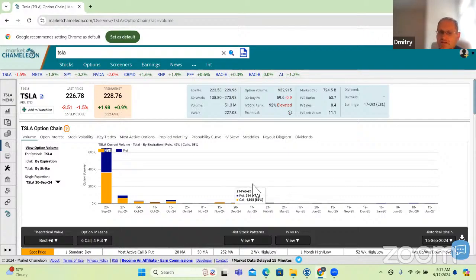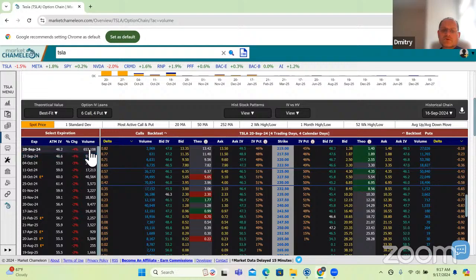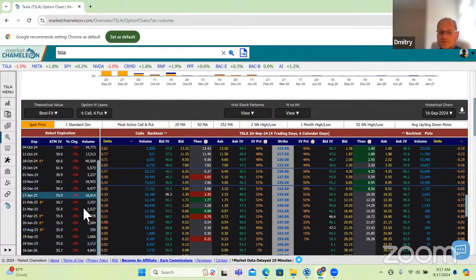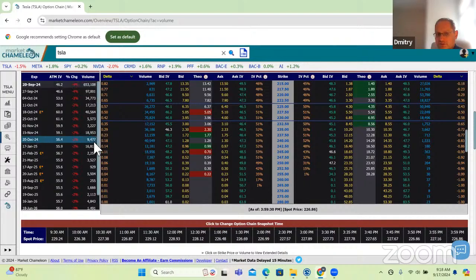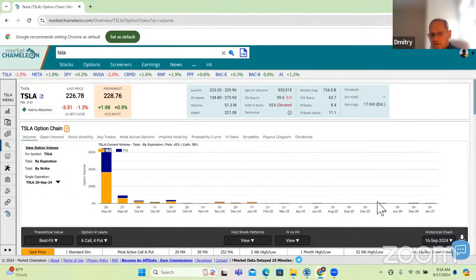We could slide down, and we could confirm this because these are the different expirations available, and you could see here 653,000, but the graph just points it out much quicker.